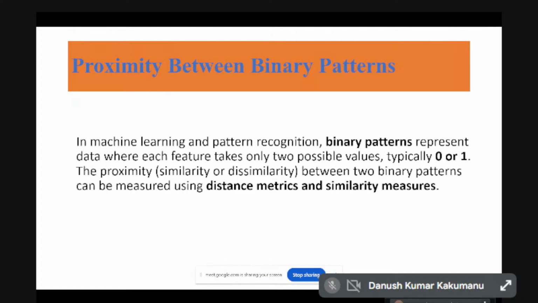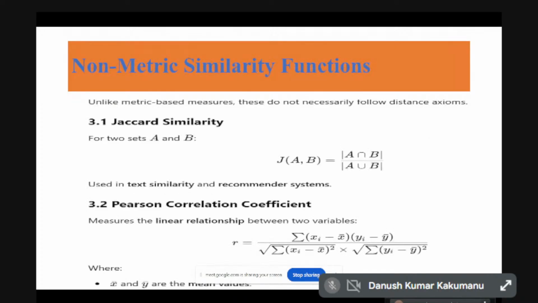Now the next topic is non-metric similarity functions. First one is called Jaccard similarity. The second one is called Pearson correlation coefficient similarity. Write down these two formulas.